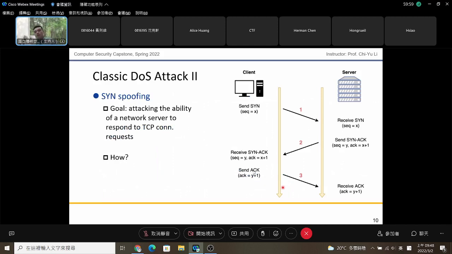Okay, so next, we talk about the SYN flooding attacks. Here we still use the source spoofing so that we can prevent the attackers from being traced back. The goal is to attack the ability of a network server to respond to TCP connection requests. Let's refresh your memory about the TCP connection.